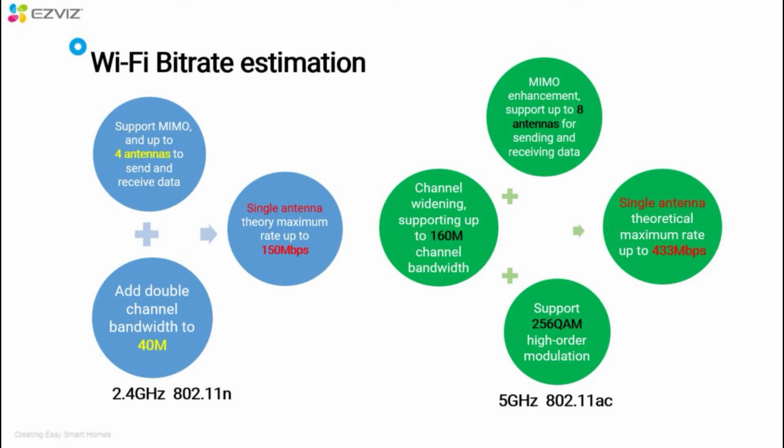And it also has the new technology, which is 256 QAM, high order modulation. And if we add all these factors, then the single antenna theoretical maximum rate is up to 433 megabytes per second.